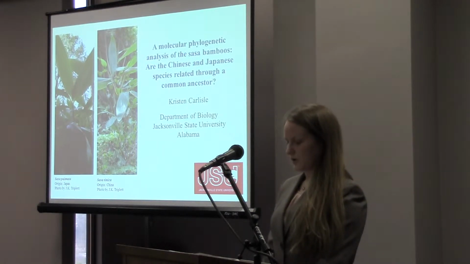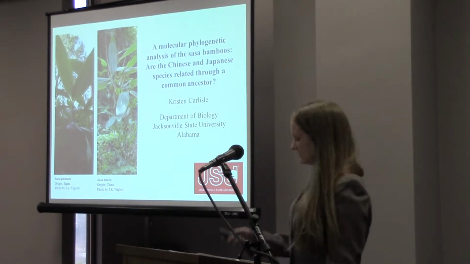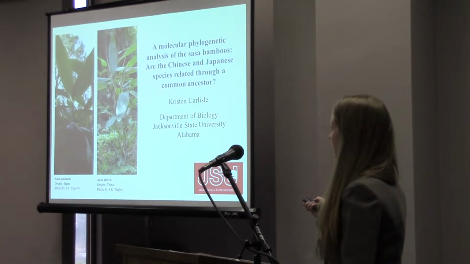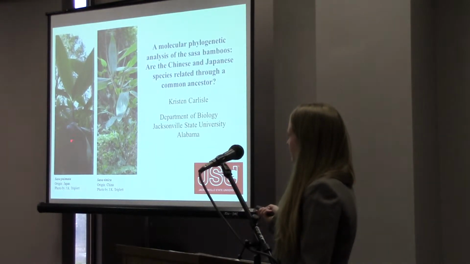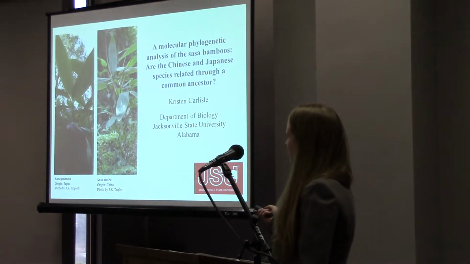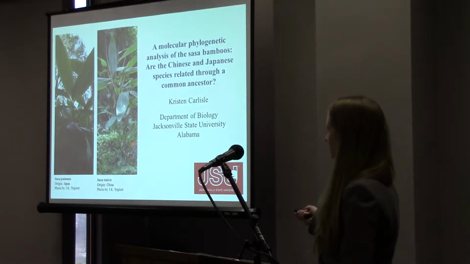the names of the bamboo are based on outward appearance, or morphology. This is an example of the basis of naming a plant on morphology. Sasa is a Japanese plant, and Sasa also refers to a Chinese plant.